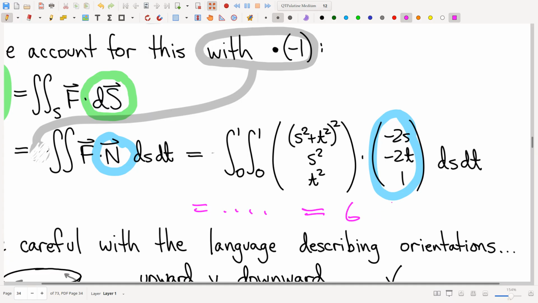And then say, wrong orientation implies that my actual flux equals minus 6. Equals minus 6. That would be reasonable. Yeah.